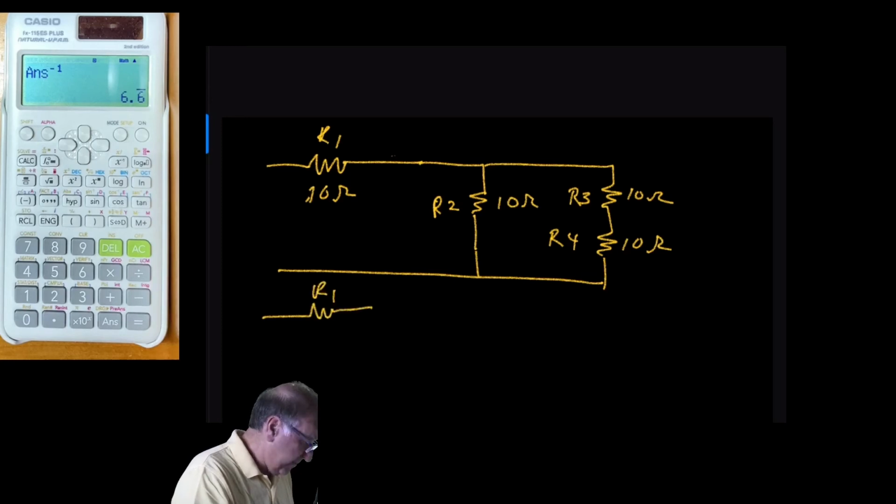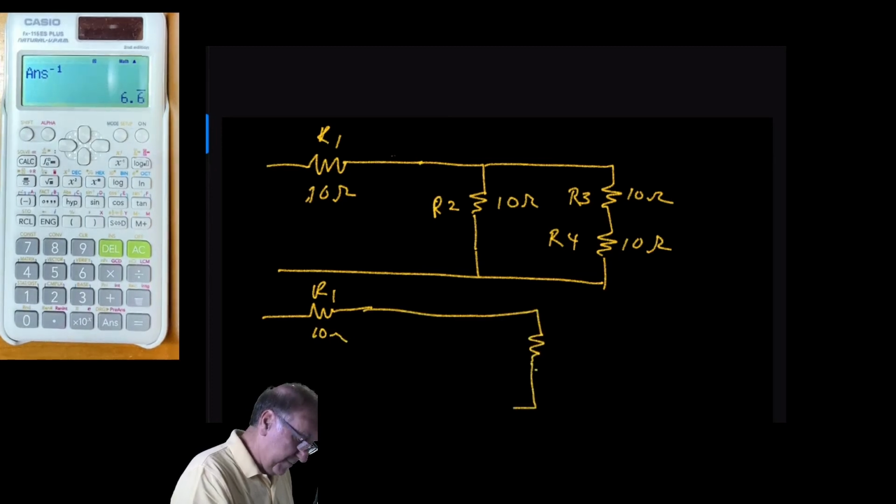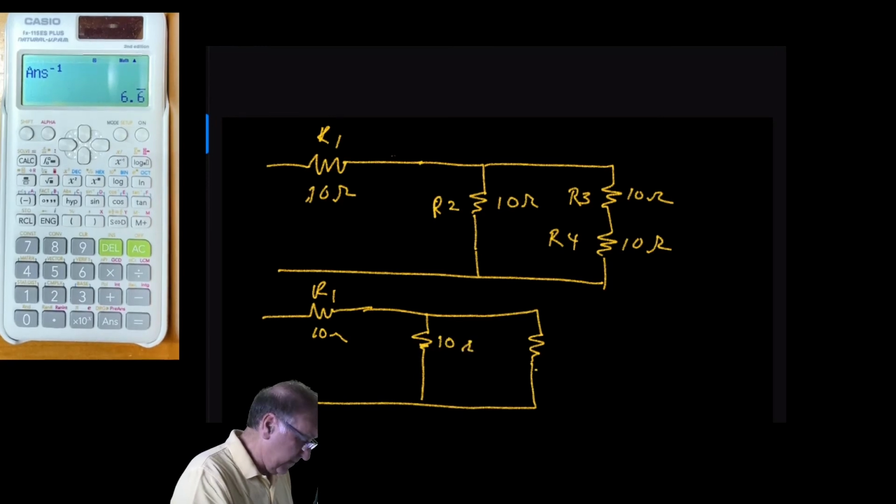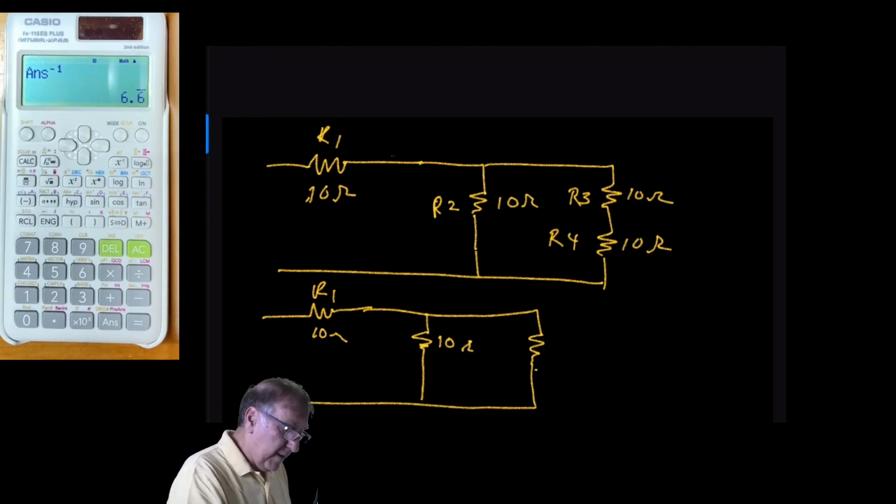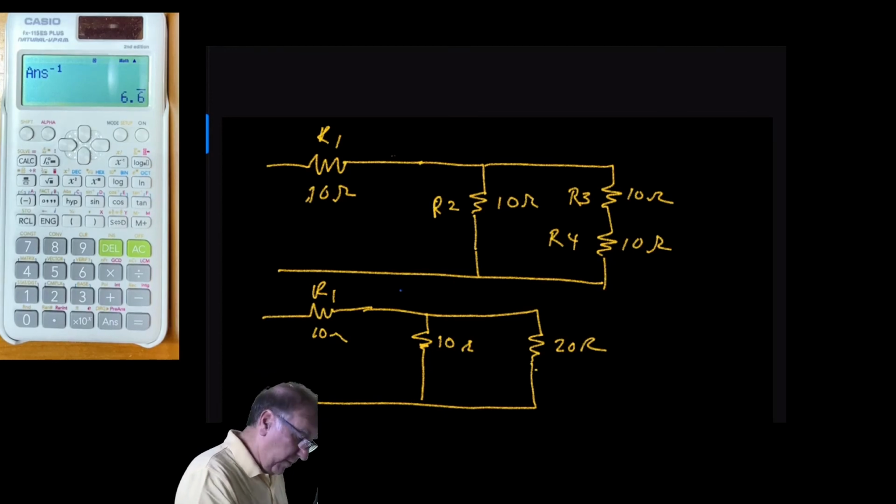R1, 10 ohms. And we've combined R3 and R4, and this becomes 20 ohms. We can put a box around here now.